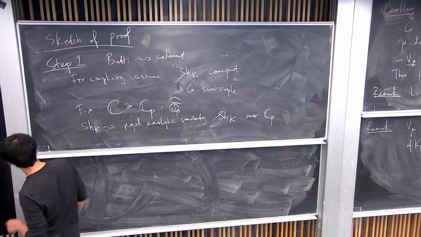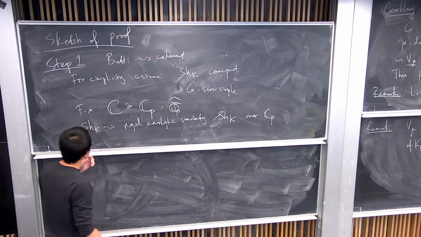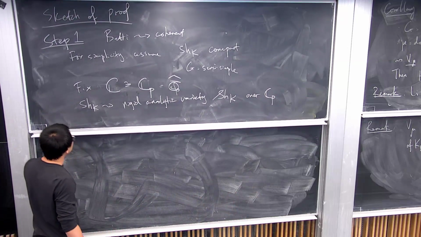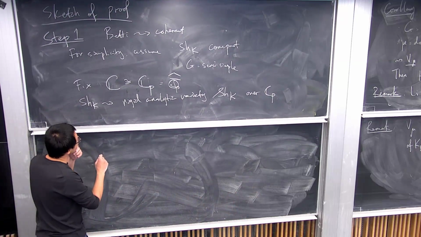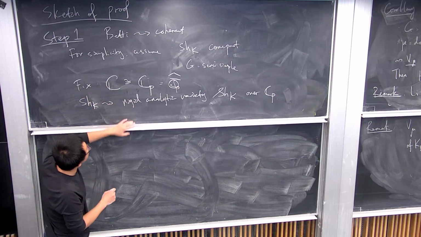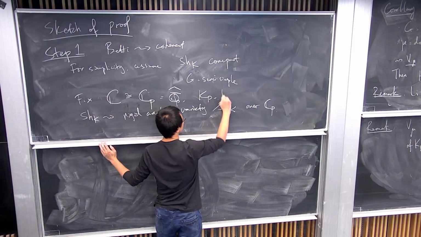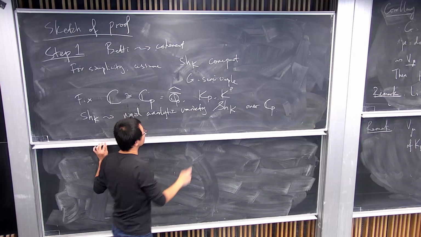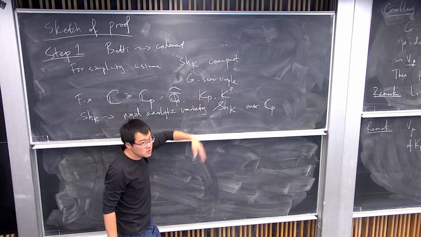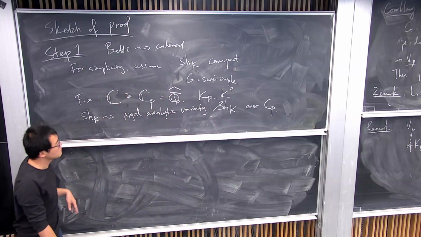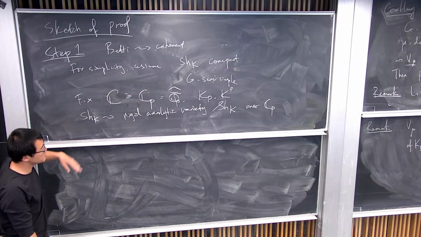As I mentioned, when you vary the level, let me also just fix K^p. When I vary the level at p, I get a K_p-torsor. In particular, any representation of K_p will give me a local system.